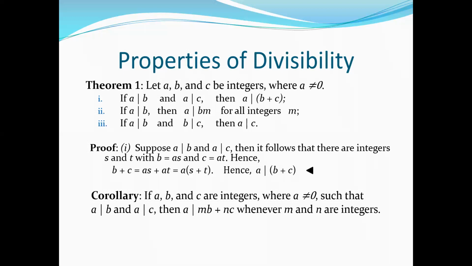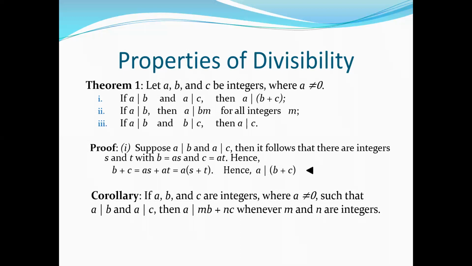So when we introduce an integer and multiply it to B and C, A is still a factor of the sum MB plus NC. Again, this is just an extended version of theorem number 1.